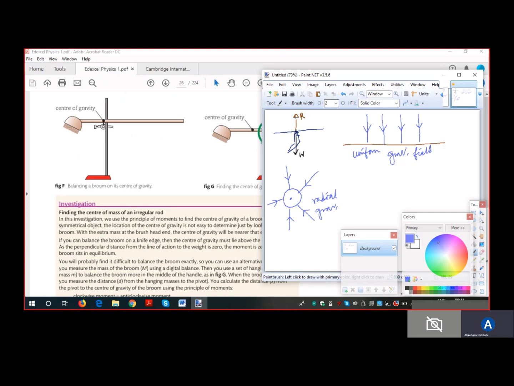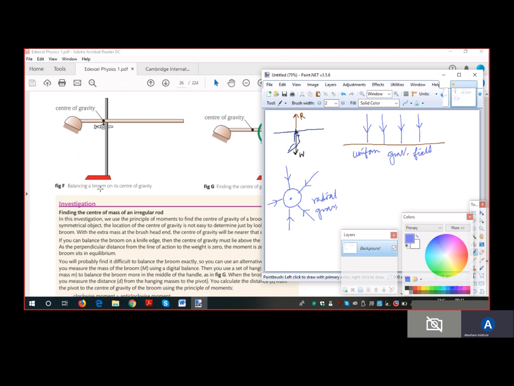Then the reaction force from the support has the same line of action as the weight of the broom. Therefore, the broom will be in equilibrium because the resultant force is 0 and the resultant moment is 0. So it will be balanced.